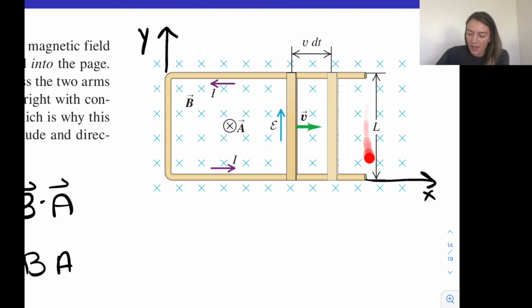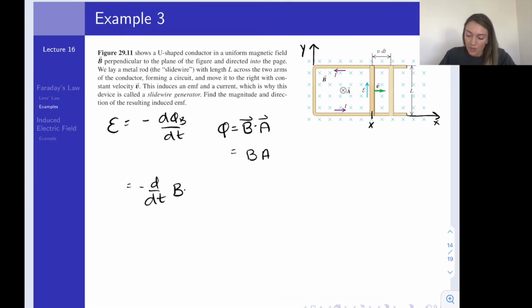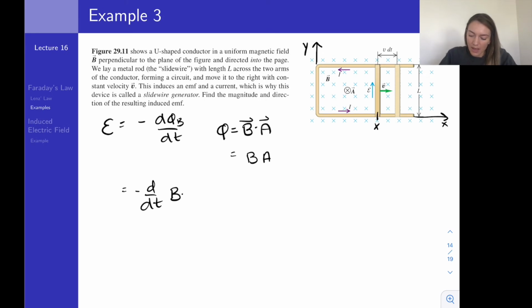So let's say that this side is length L. And then what length is this side? According to my little coordinate that I drew here, my position of this wire along the x-axis is just some position x. So let's leave it as x for now, and let's call our area L times x, where x is just the position of this wire along the x-axis.